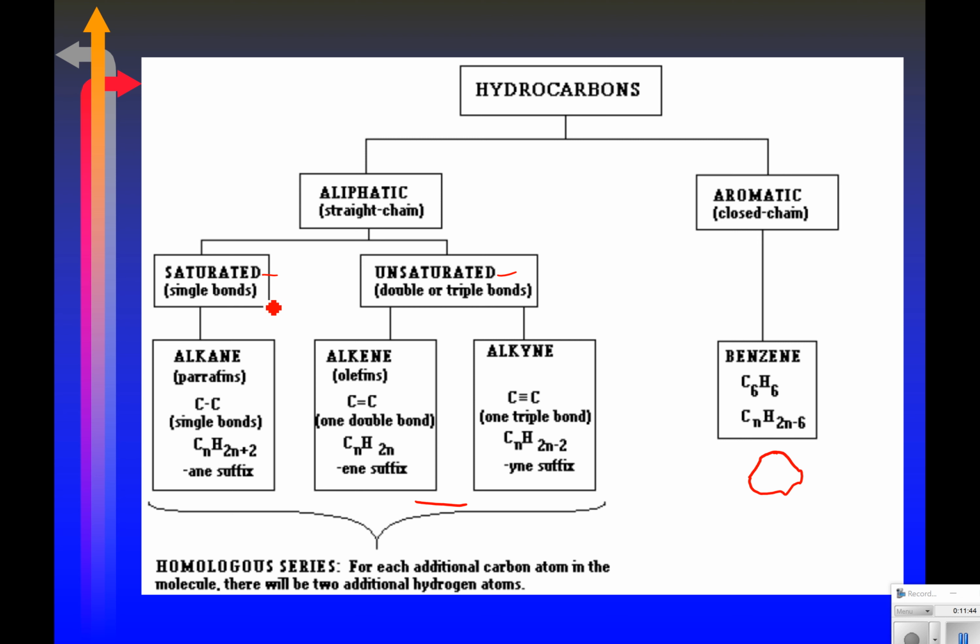If we're saturated, it simply means that every carbon-carbon bond in, in this case, the alkane, is going to be a single bond. And that's the key for being saturated. We've added on as many hydrogens, which we'll talk about in a second, to that chain as we possibly can. It's been saturated with hydrogen. Alkenes, which are unsaturated, or alkynes, which are unsaturated, are going to have a double or a triple bond somewhere in their structure.